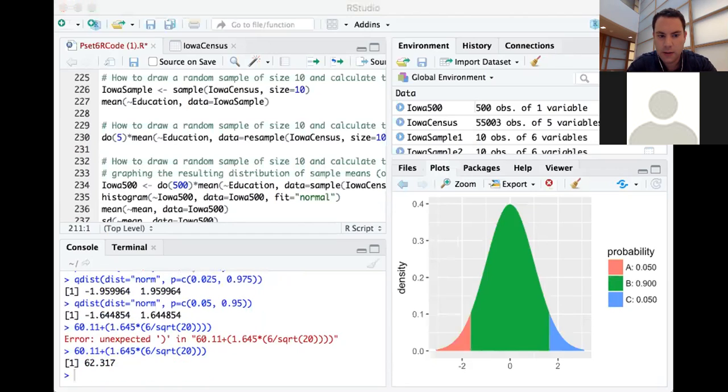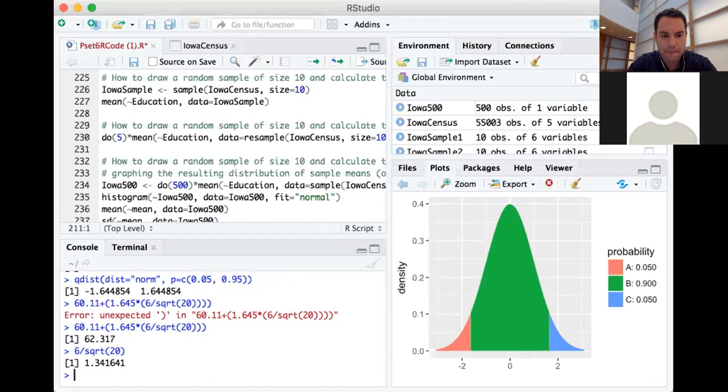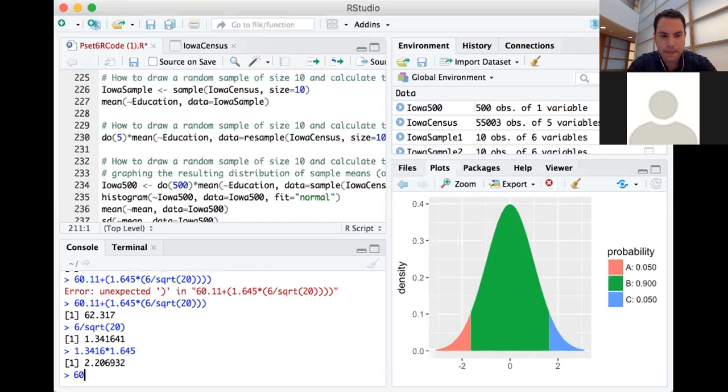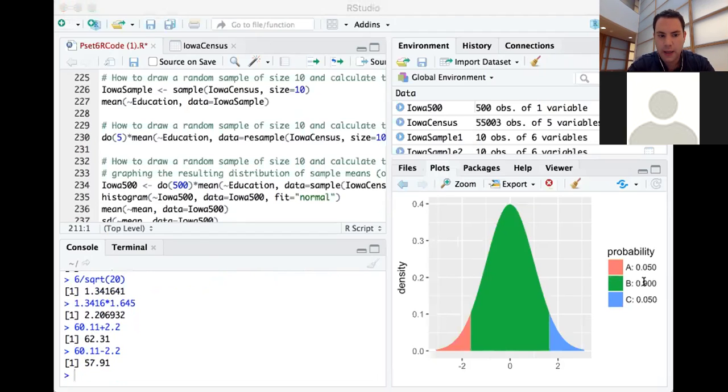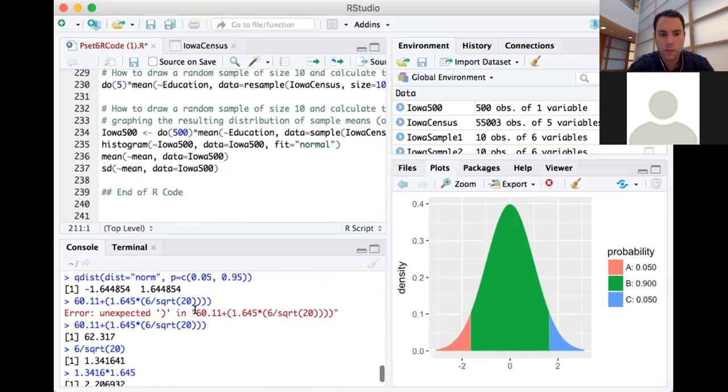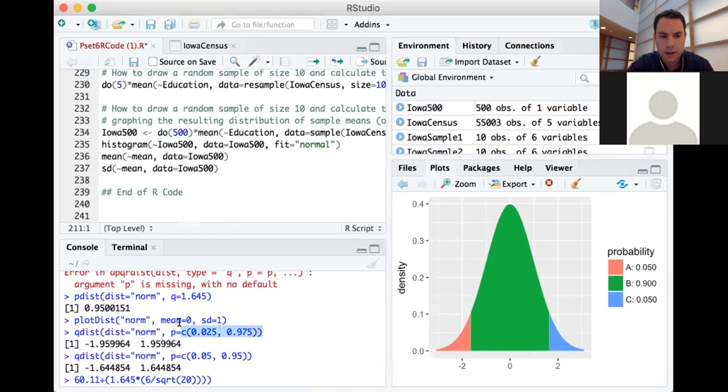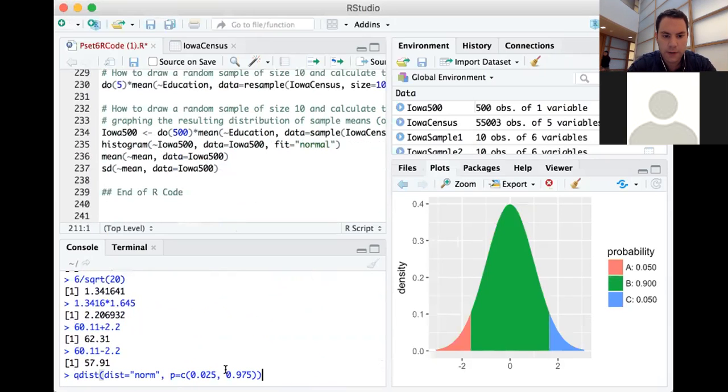So we can find what the confidence interval would be in this case. It would be 58 to 62. We could also look at a 99% confidence interval.